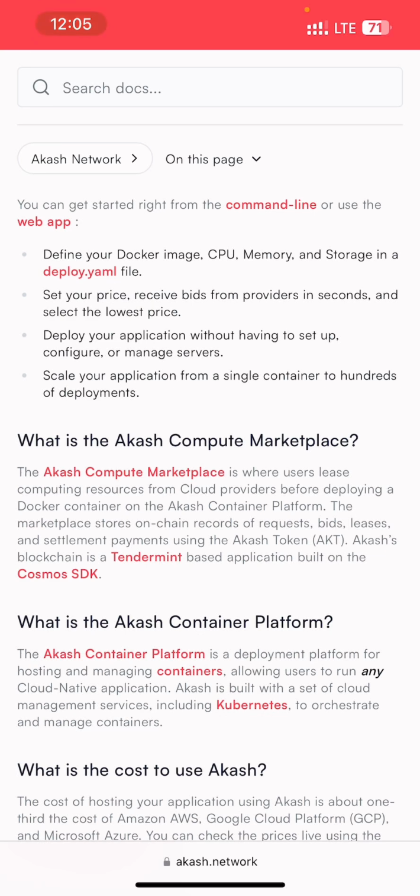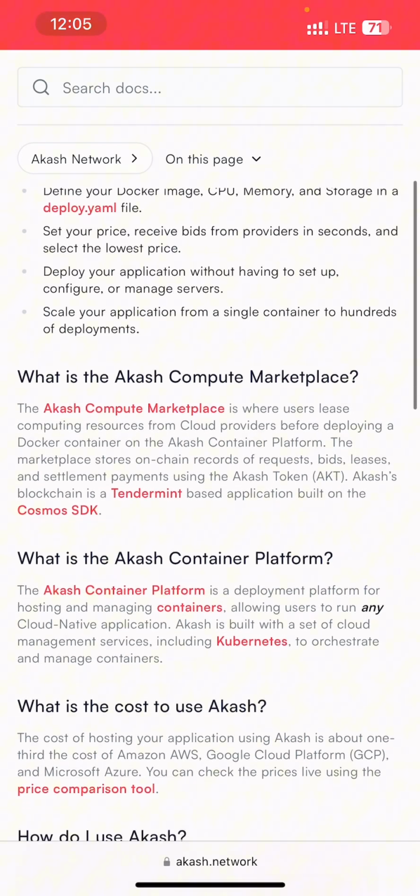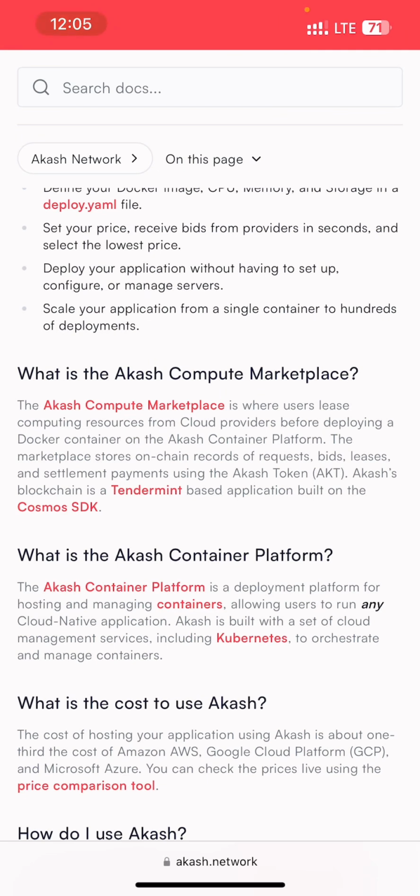So the marketplace stores on the chain, the on-chain record of requests, bid list and settlement payments using the Akash token, that's AKT. That's the Akash token, and the Akash blockchain is a Tendermint-based application built on Cosmos SDK. Yes guys, that is what makes up the Akash Compute Marketplace.